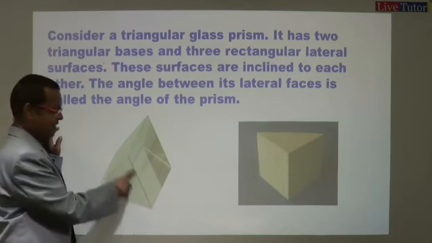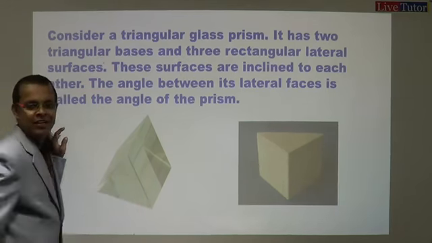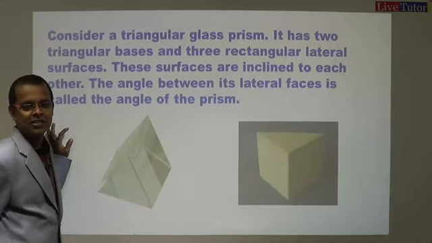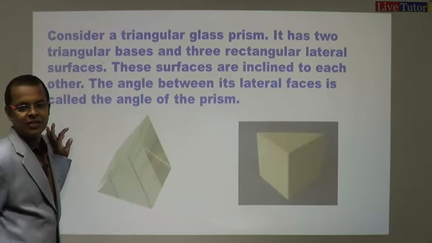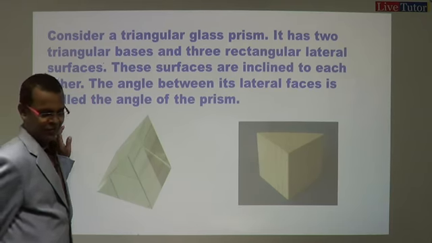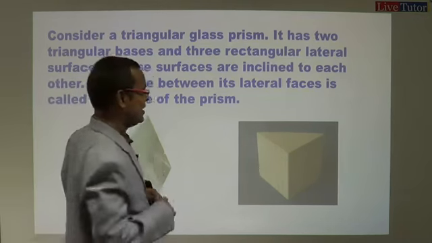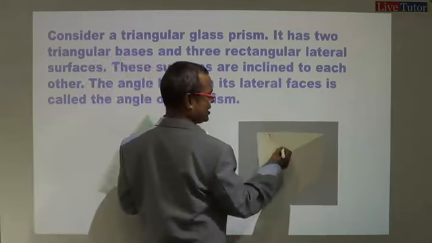You know the sum of the angles in a triangle is 180. Is that difficult to answer? Yeah, everything is 60 actually.